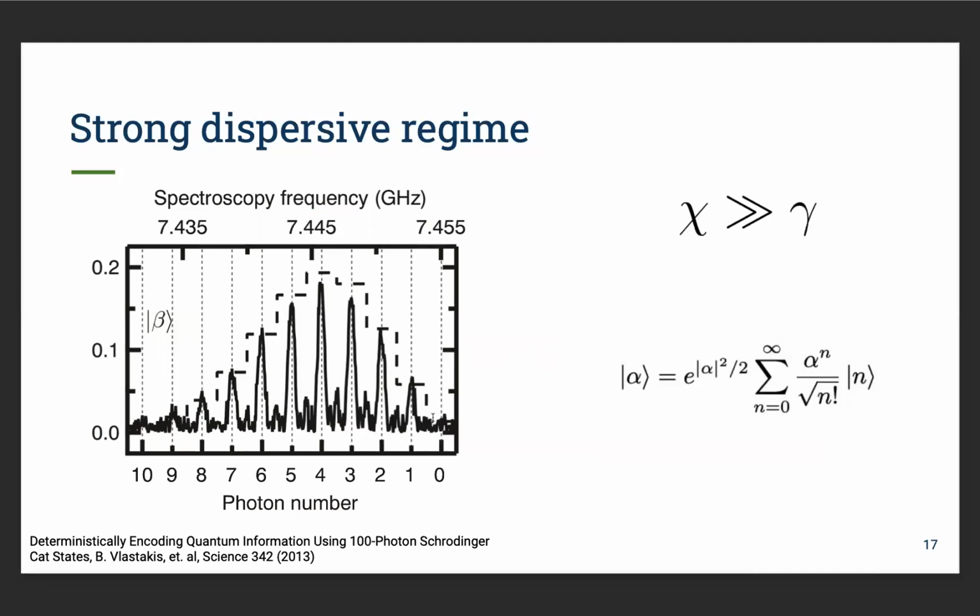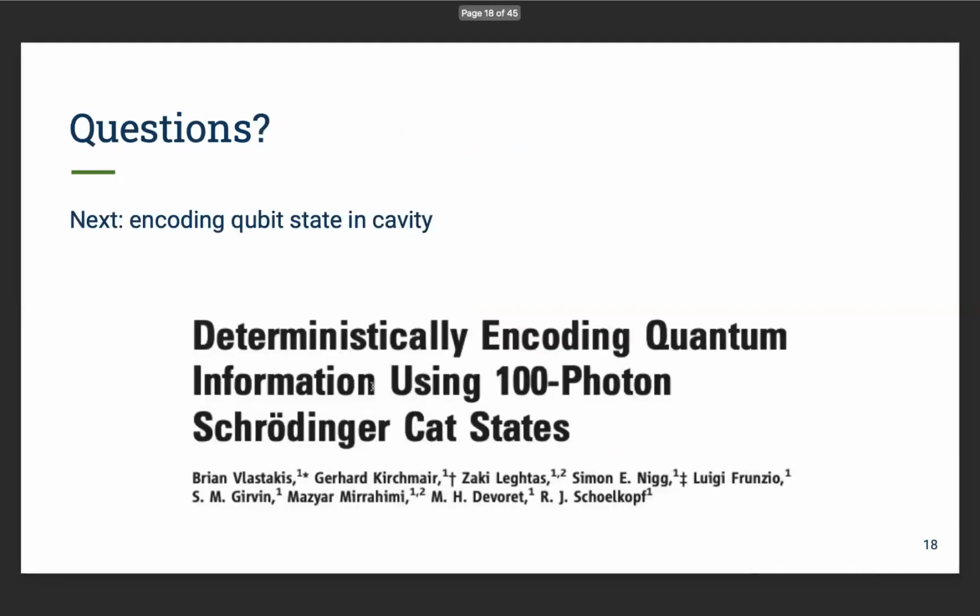So this is an example of measuring the frequency of the qubit when the cavity is in something called a coherent state, which we'll talk about in a little bit. Don't worry if you aren't immediately familiar with that. When the cavity is in a coherent state, you can see these individual peaks in the qubit spectra that correspond to components with, say, 1 photon in the cavity, 2 photons in the cavity, and so forth, which I think is pretty cool.